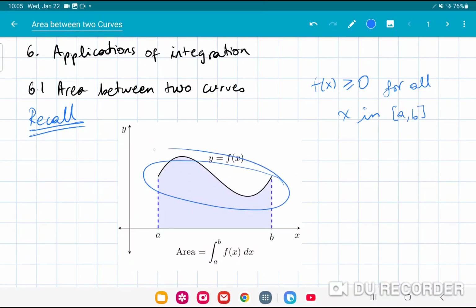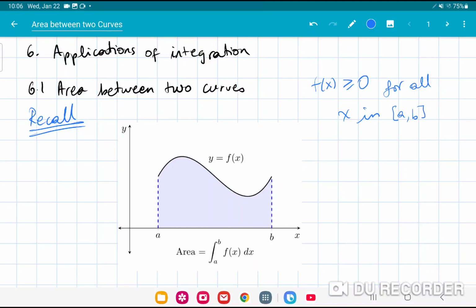So the function is above the x-axis. Now the area under the graph of this function, this area above the x-axis, we learned in Calculus 1, is the definite integral from a to b of f of x dx. So that is the area under the function f.